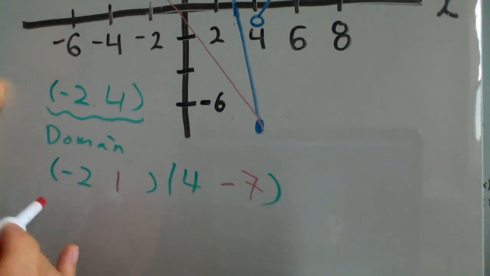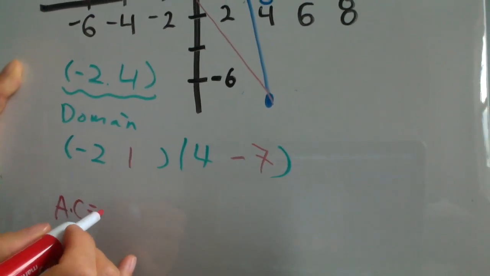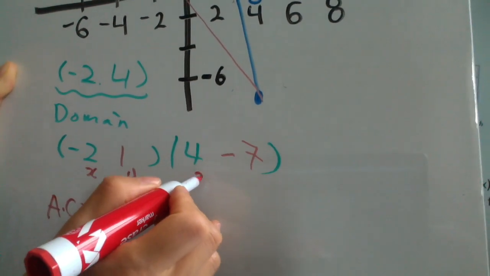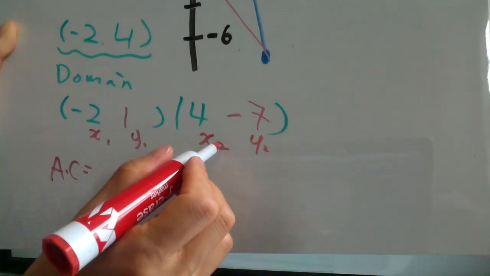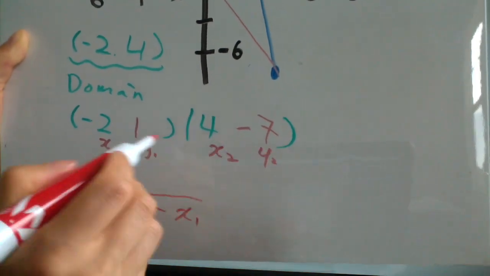So average rate of change is, let's say this is x1, y1, x2, y2. How do we do it? y2 minus y1 over x2 minus x1.